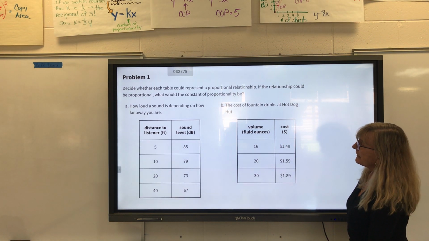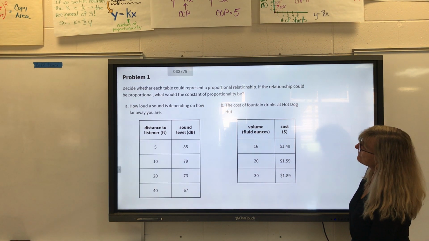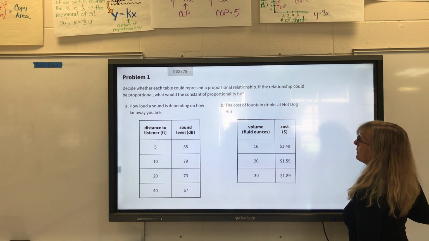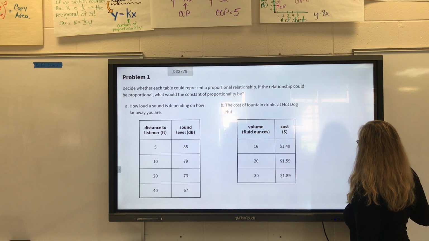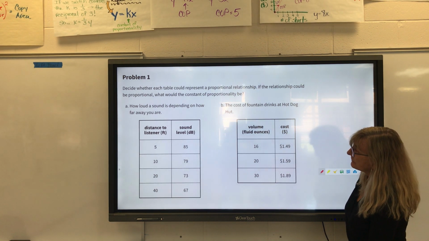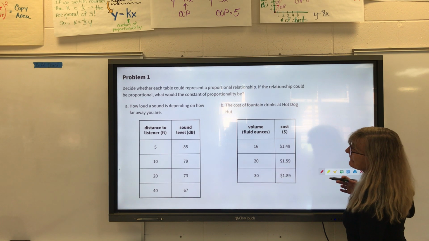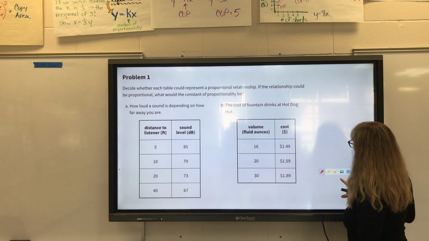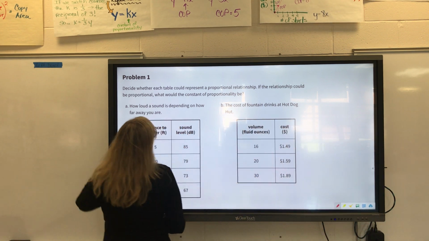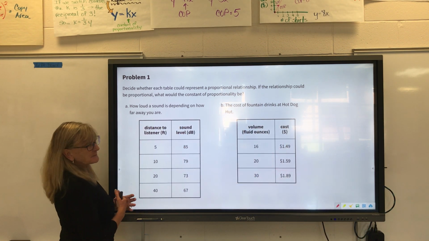Decide whether each table could represent a proportional relationship. If the relationship could be proportional, what would the COP be? So the first one is about how loud a sound is depending on how far away you are. Okay, so we need to determine if it's proportional.